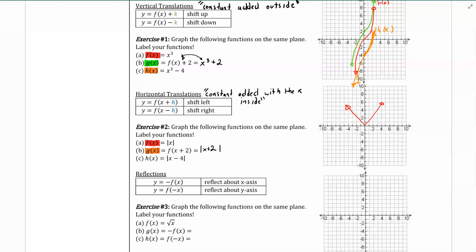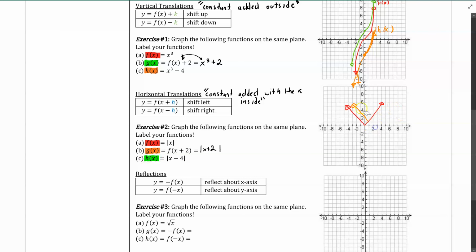Again, we see a positive sign inside of the, I'm going to say parentheses, but you can think of absolute value bars as a special type of parentheses. And so because we have a positive number, this will shift to the left 2. And then lastly, we have h of x, which is equal to the absolute value of, correction.